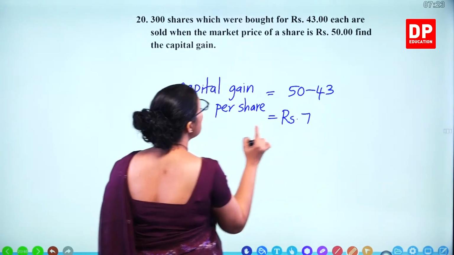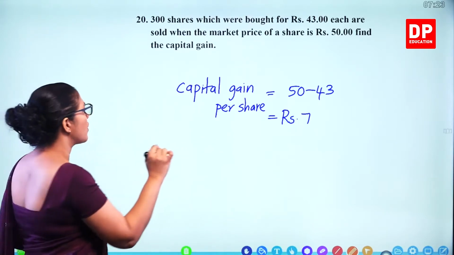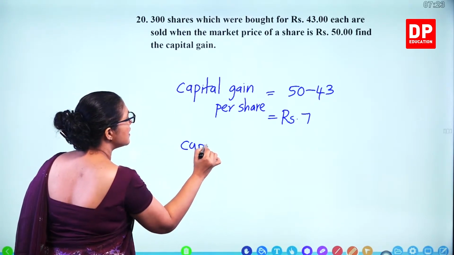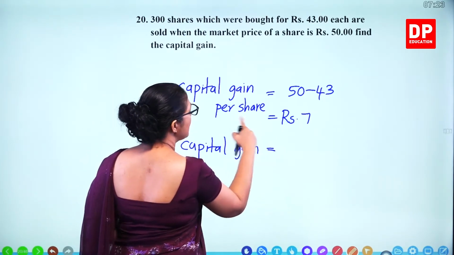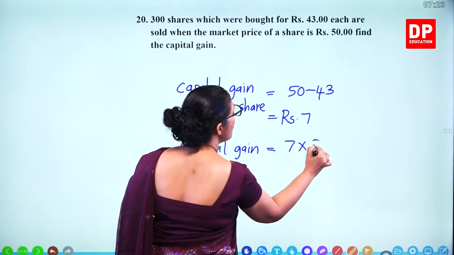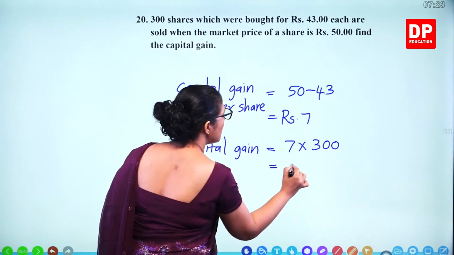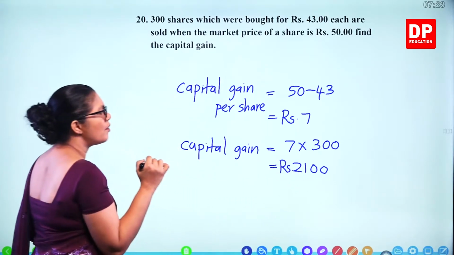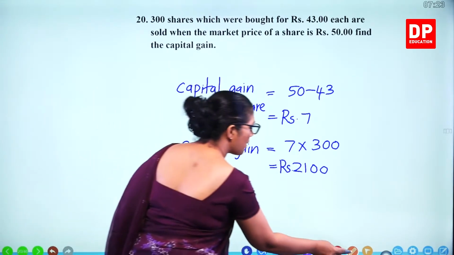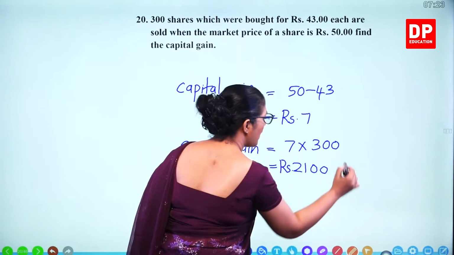How many shares are there? 300 shares. So capital gain is capital gain per share into number of shares. 2,100 rupees. 7 times 3, 21. So 2 marks for that.